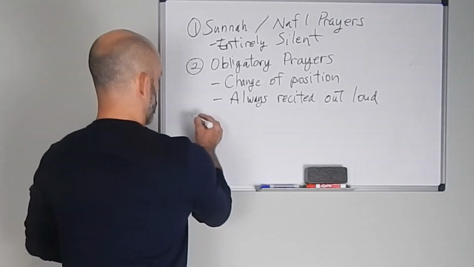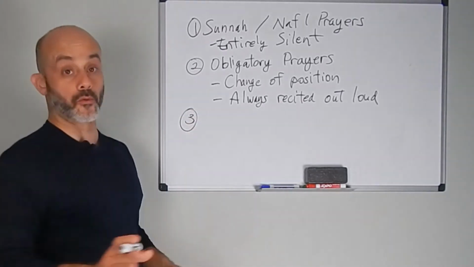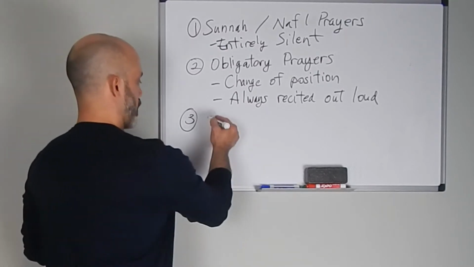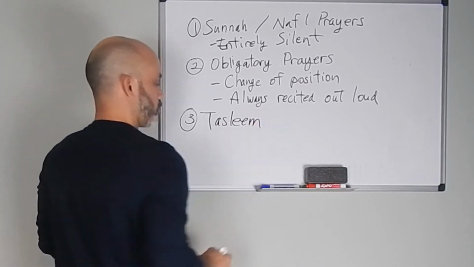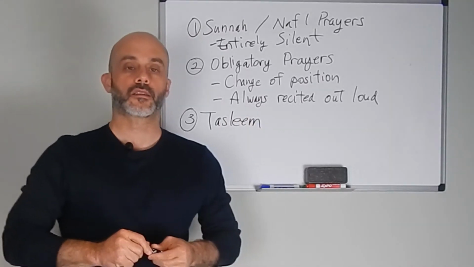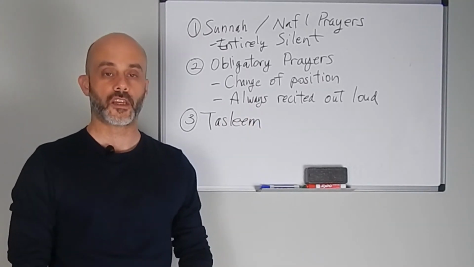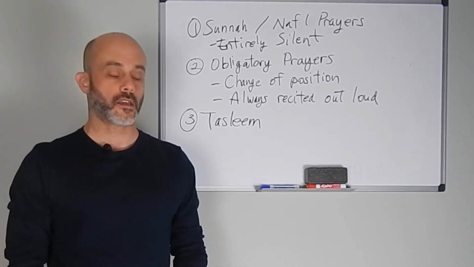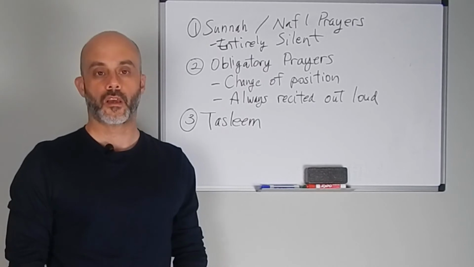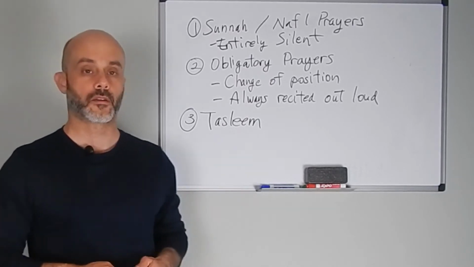Now the third rule, the third of the simple rules, is on the taslim. What is the taslim? The taslim is when you are finishing the prayer and you say, Assalamu alaikum wa rahmatullah, Assalamu alaikum wa rahmatullah. So this is when you complete the prayer.